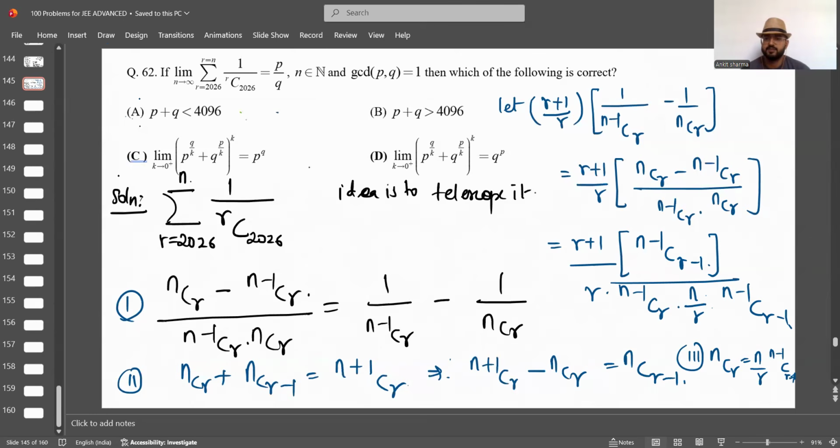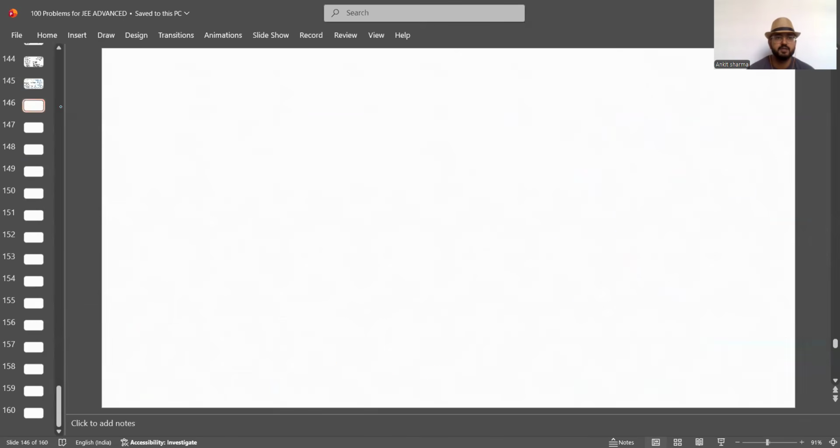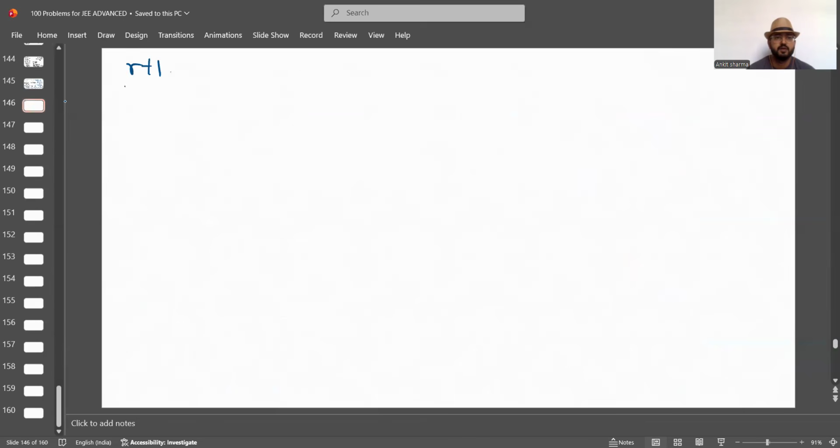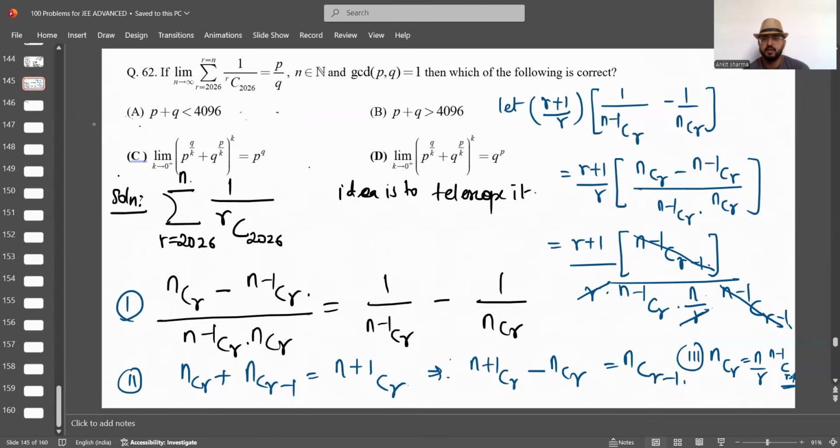This I used, r minus 1. Now this part and this part get cancelled, and this r and this r also get cancelled. So I'm only left with (r+1) into (n−1)C(r−1) over (n−1)Cr into n.